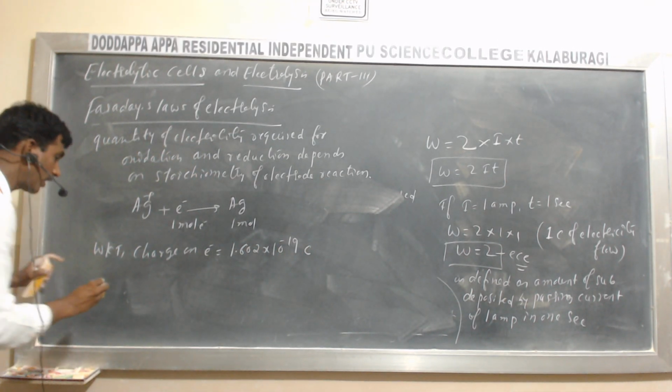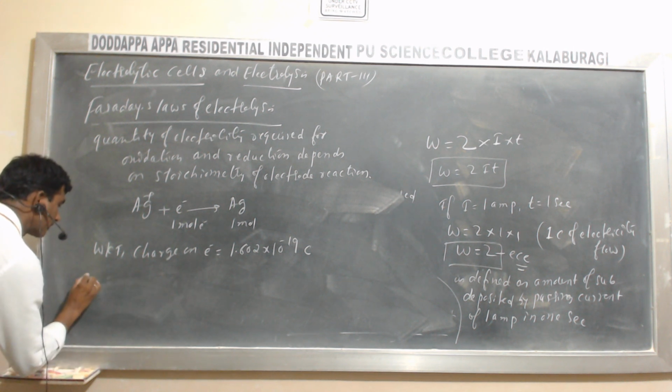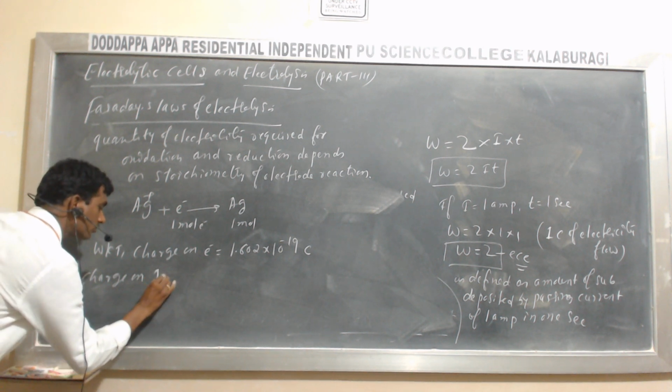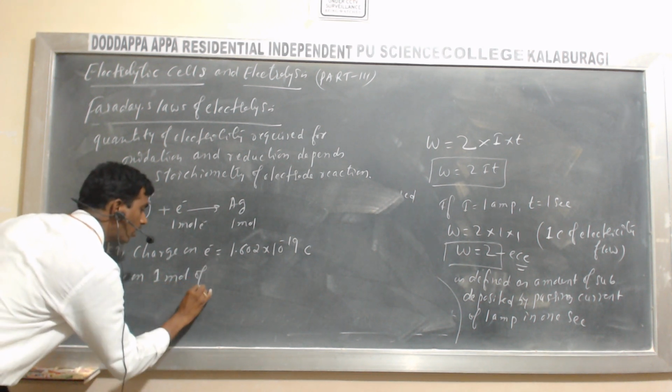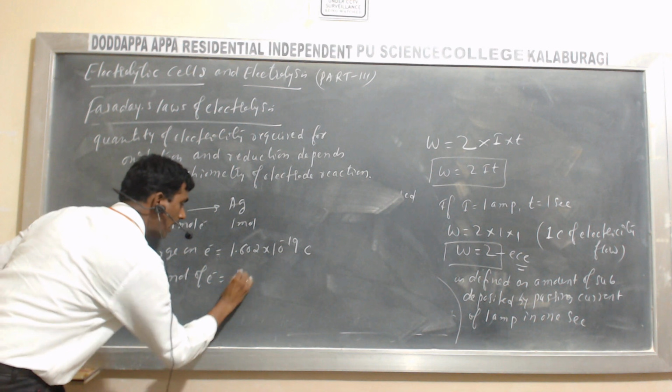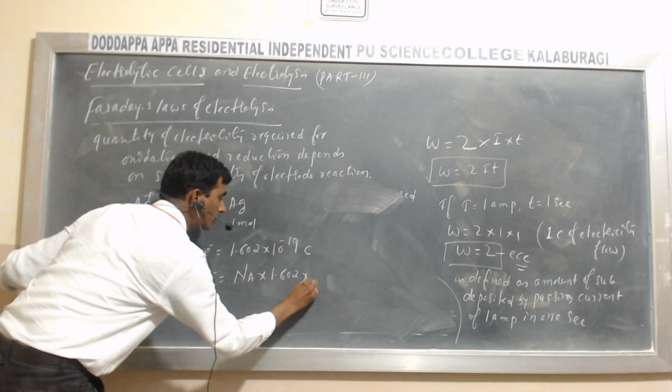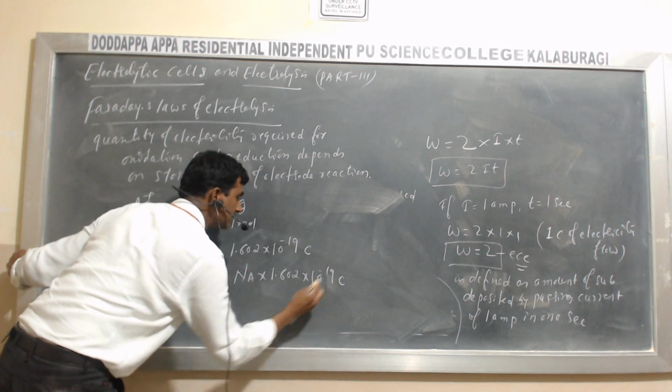So the charge on 1 mole of electrons is equal to Avogadro's number into 1.602 into 10 to the power of minus 19 coulomb.